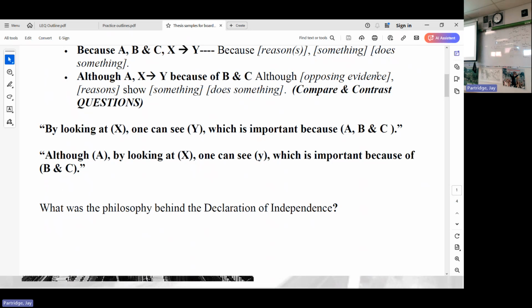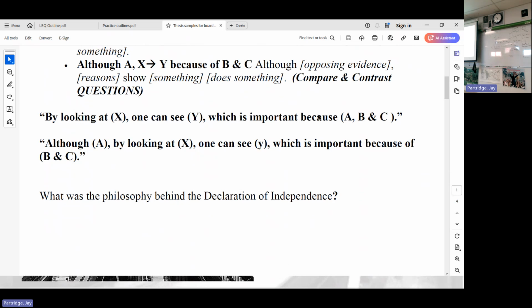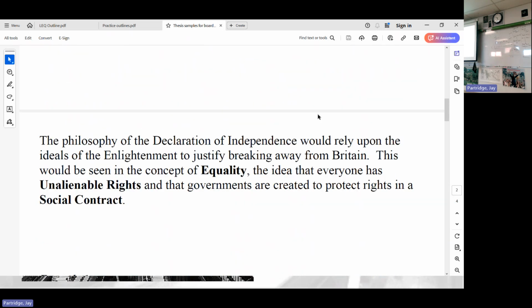So here's a thesis statement for a 5-paragraph essay for the philosophy behind the Declaration of Independence. Everyone see it? Can you read it? Is it clear enough? So the X, I clearly mentioned the philosophy of the Declaration of Independence.